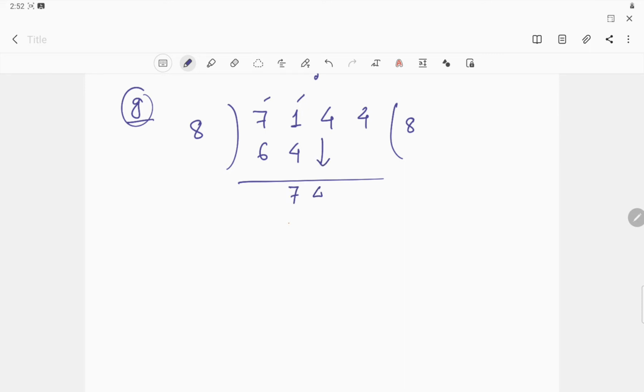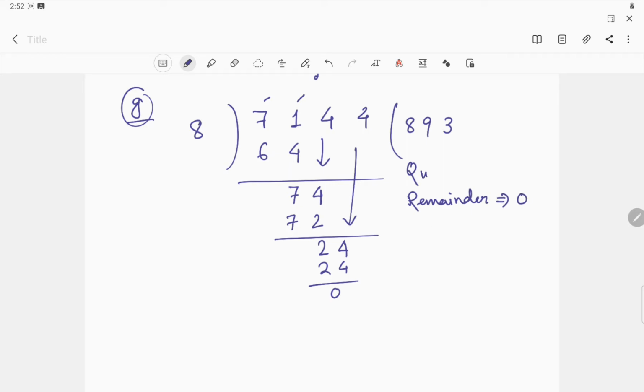Now bring down 4. Again 9 8s are 72. So 74 minus 72 is 2. Again bring down 4. 3 8s are 24. So here the remainder is 0 and the quotient is 893. I told you in the previous video, if you are getting 0 in the remainder, that means the dividend is completely divisible by the divisor, right?